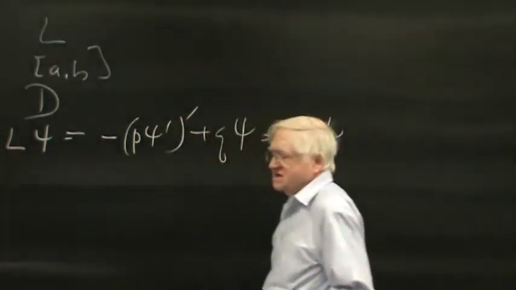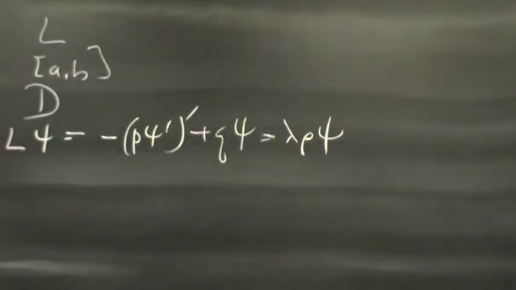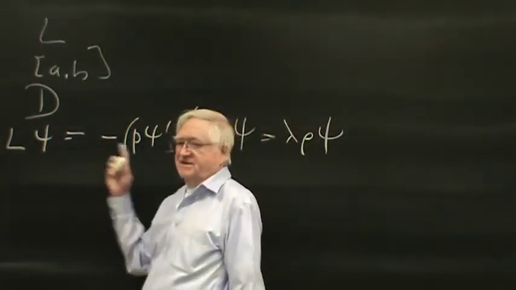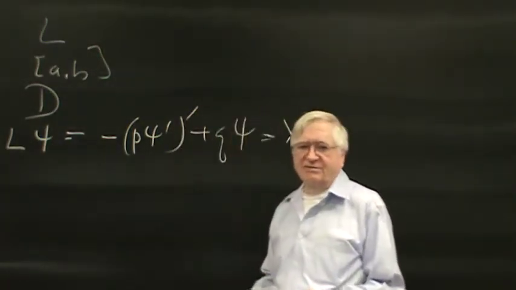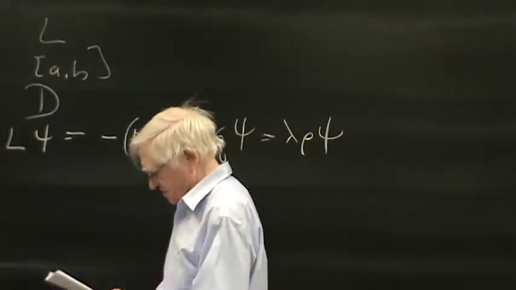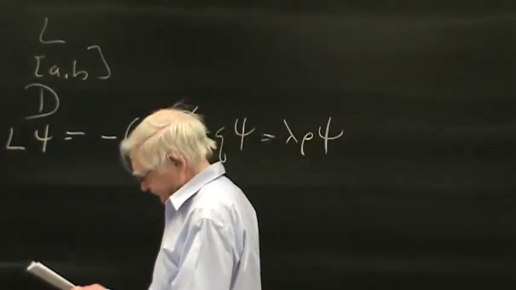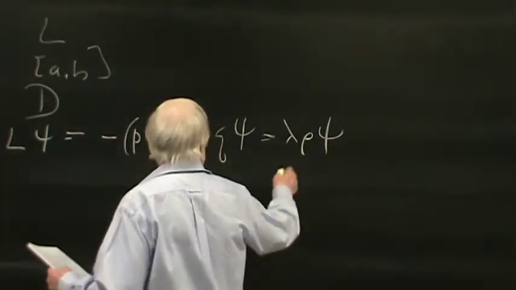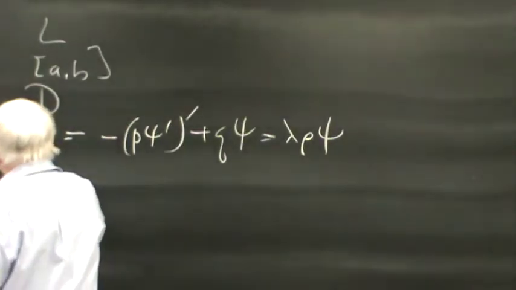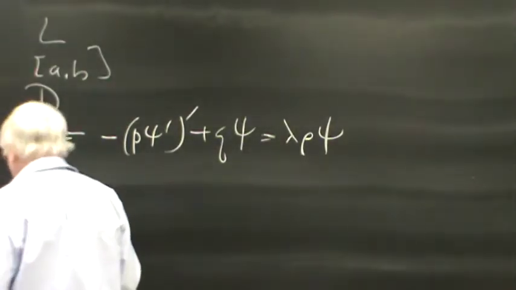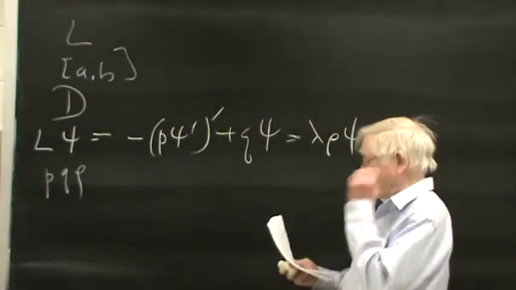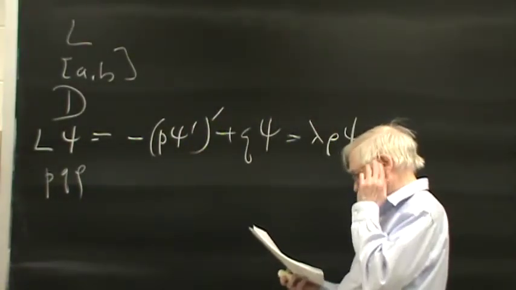I'm using psi because I'm thinking about complex functions, because I want to make contact with quantum mechanics. If this were a math class, this would be u or v or some other ordinary letter that doesn't suggest complexity. Lambda is the eigenvalue, and P, Q, and rho are real, continuous. Rho is positive on the interval, but it might vanish here and there at isolated points.